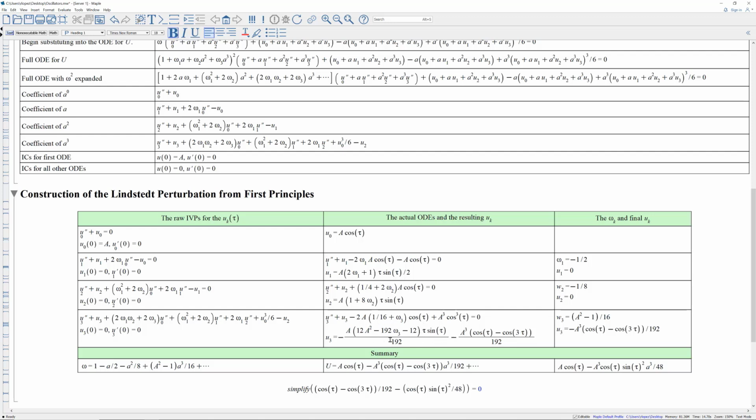So all of this stuff must be 0. That makes omega 3 turn out to be this. Therefore, this term is gone, and this is u3.